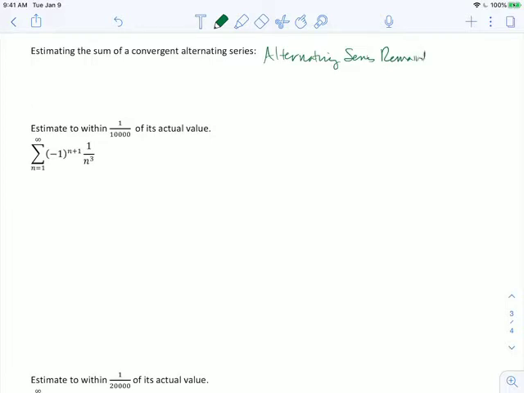And so this is something that we'll see in this section, but also coming up toward the end of the chapter as well.